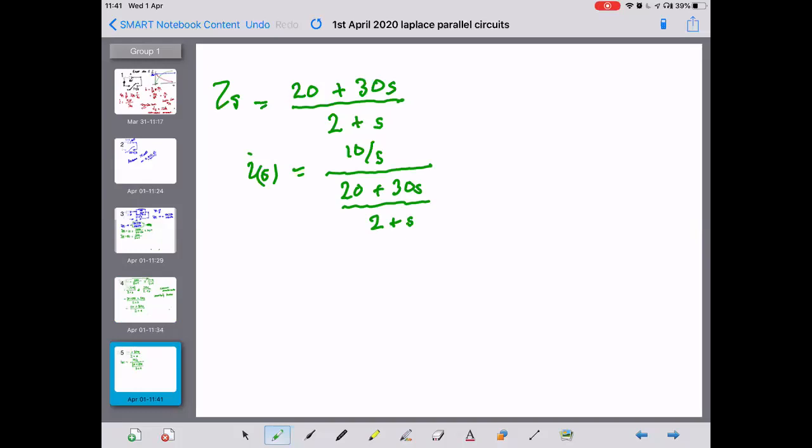And then we can tidy the fractions, so we can say that's equal to 10 over s times 2 plus s, turn this one upside down, over 20 plus 30s.